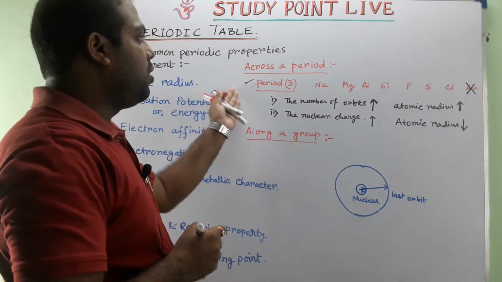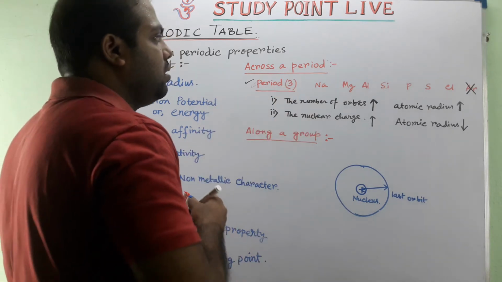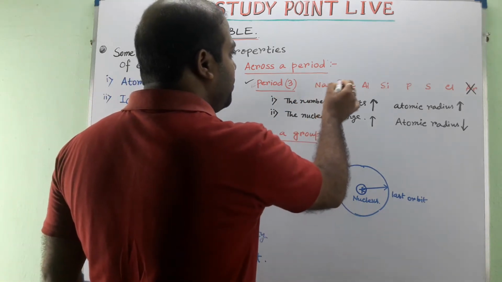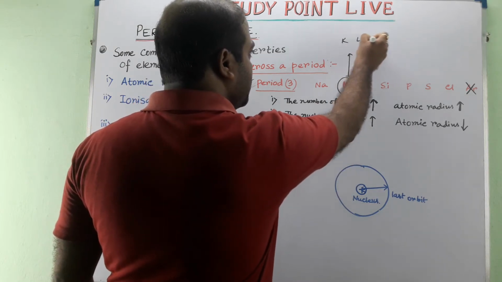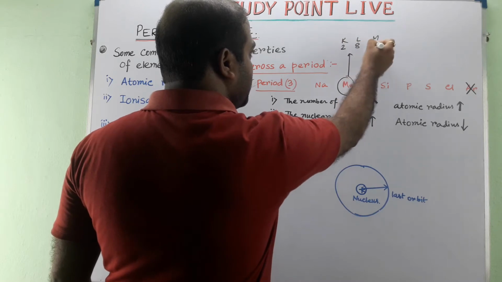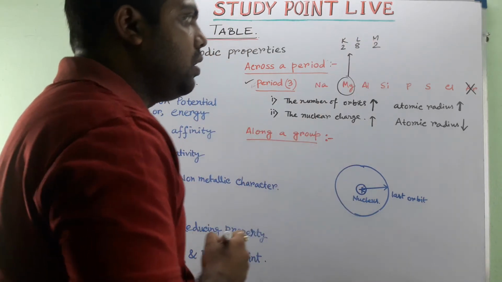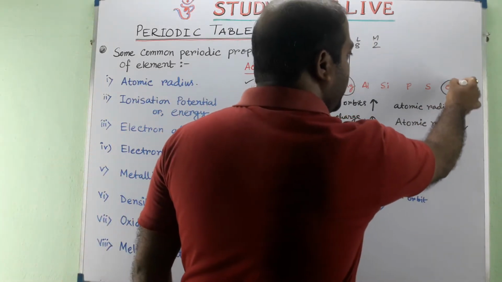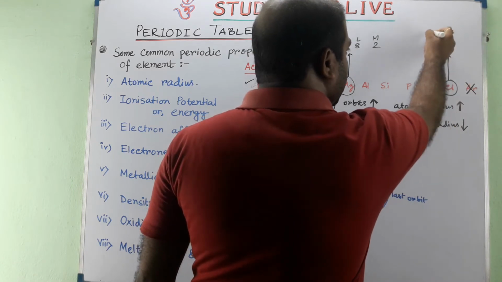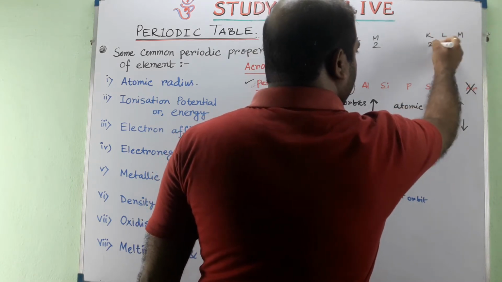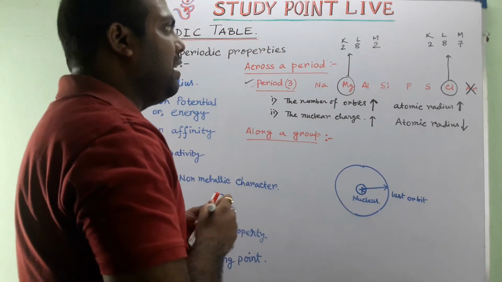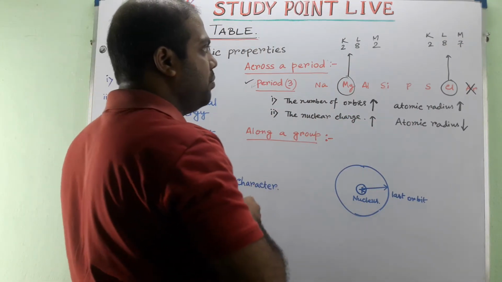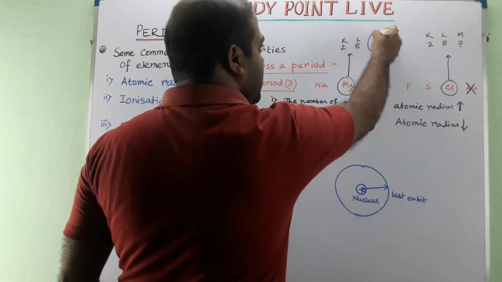Now for period 3, the electronic configuration of magnesium is 2, 8, 2 and the electronic configuration of chlorine is 2, 8, 7. Here the last shell used is M for both cases.